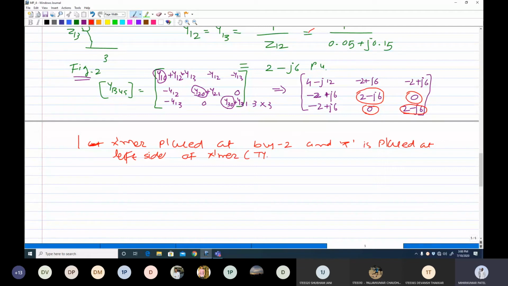So which is type 1. Clear? Left side of the transformer.